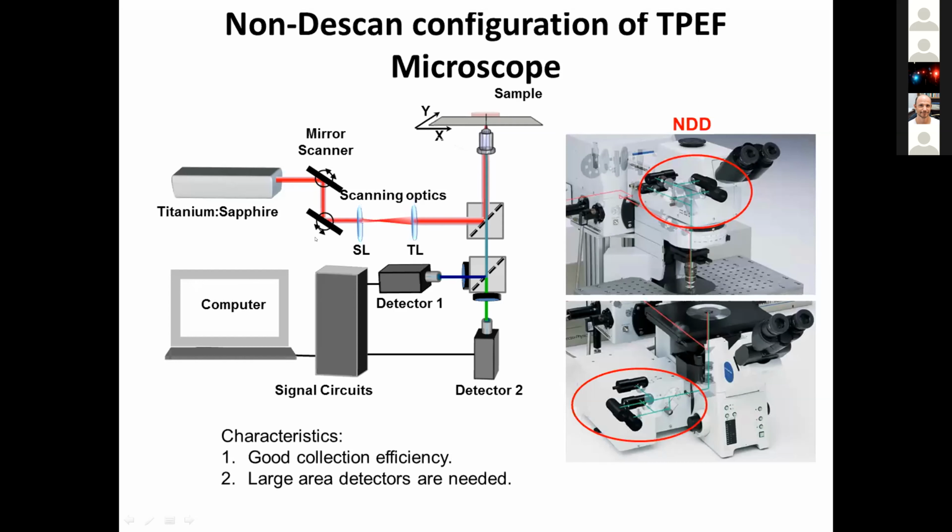For instance, what we can do is use the scanner, still pass through our scan optics, and then split the light from the excitation and emission before coming back to the scanner, and our beam will no longer be stationary because it is not canceled by the two mirrors.